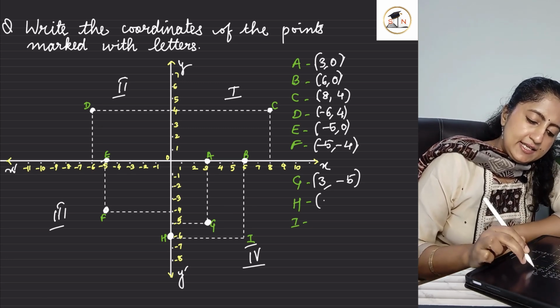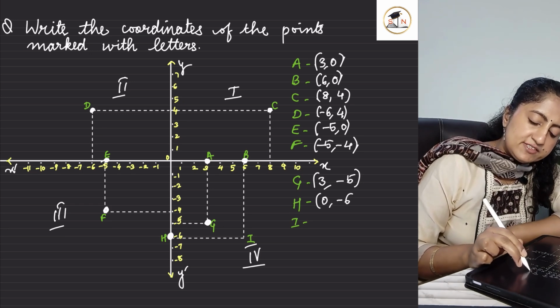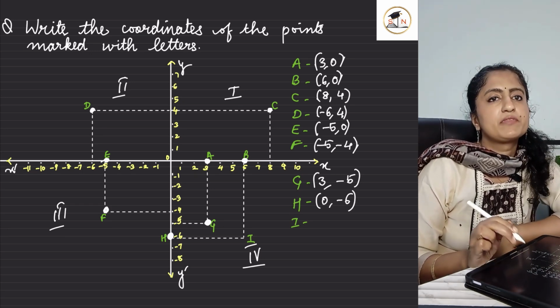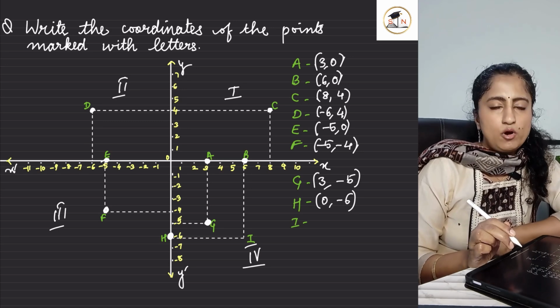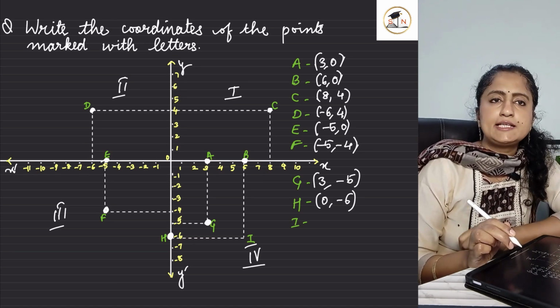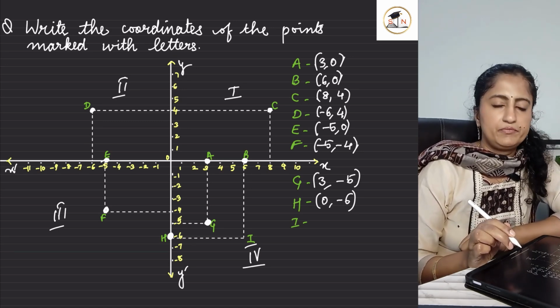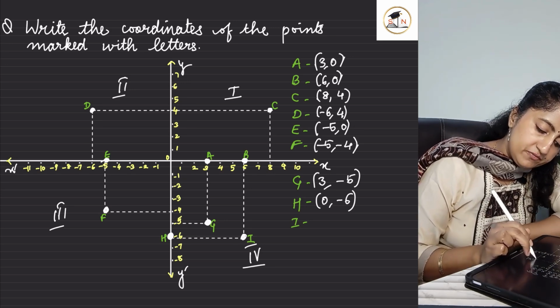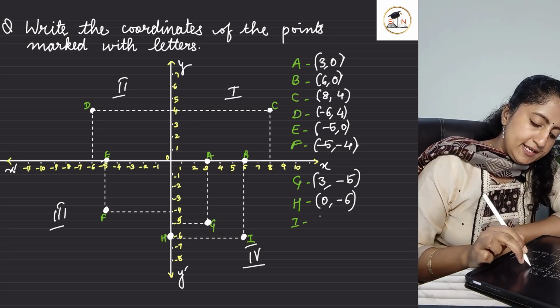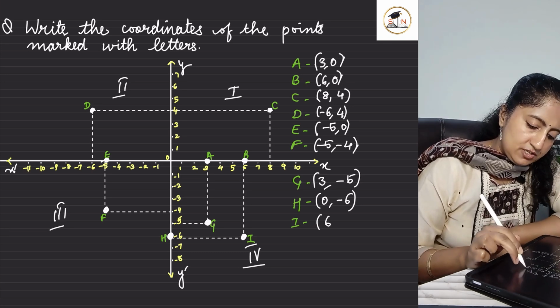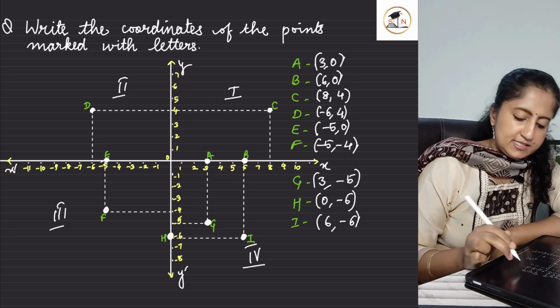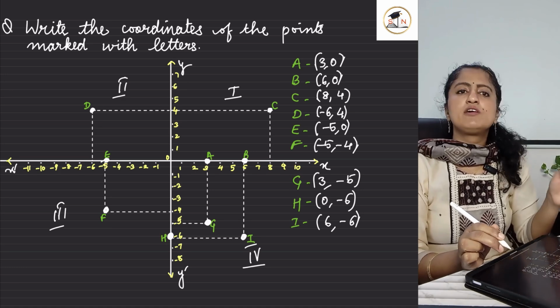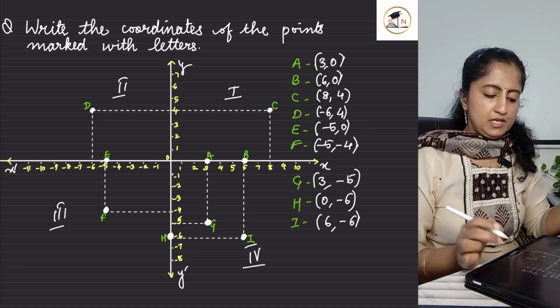It is 0, -6 because it is lying on the y-axis. Remember, a point lying on the y-axis has x component as 0. Okay. Last, I. Again, the fourth quadrant, right? The coordinate for I is 6, -6. X is positive, Y is negative.